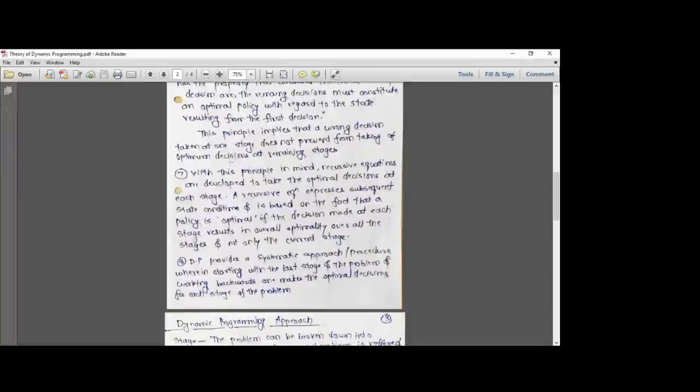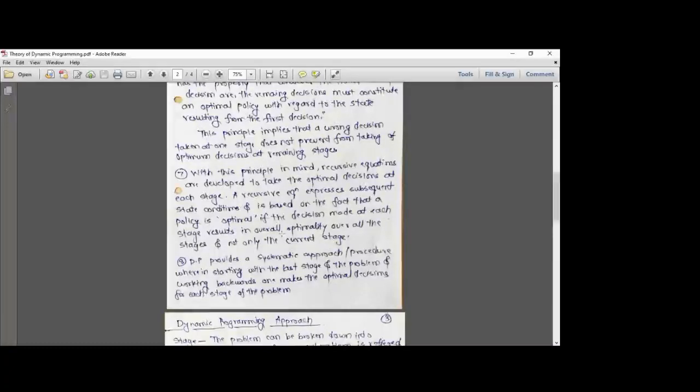Here you can see that with this principle, the recursive equations are developed to take the optimal decisions at each stage. A recursive equation expresses the subsequent state conditions and is based on the fact that a policy is optimal if the decision made at each stage results in overall optimality over all the stages and not only the current stage, right?